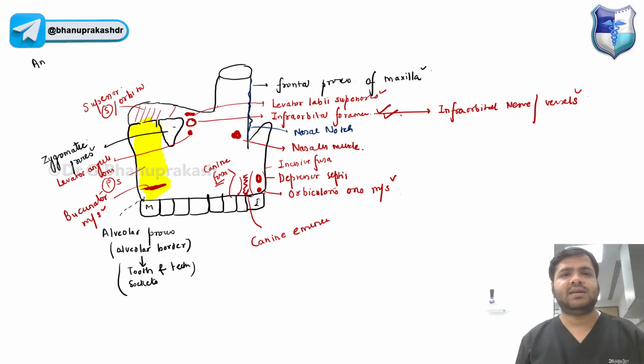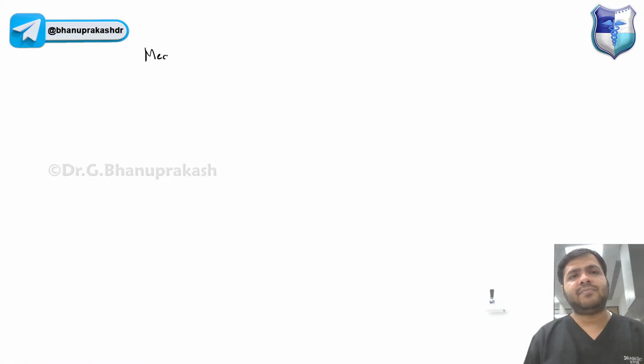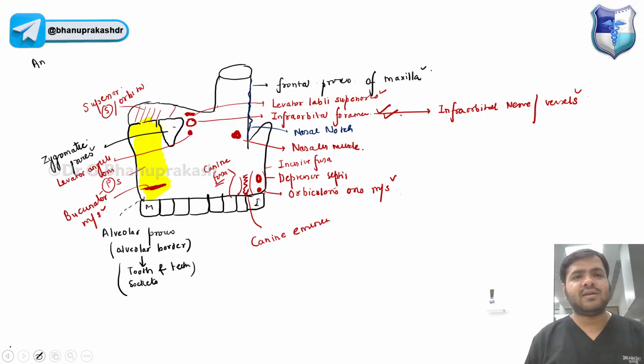Okay, so that is something you have to remember from the anterior part also. If we try to show the medial aspect, even the medial aspect, guys. Okay, guys, over here I forgot to mention one thing.